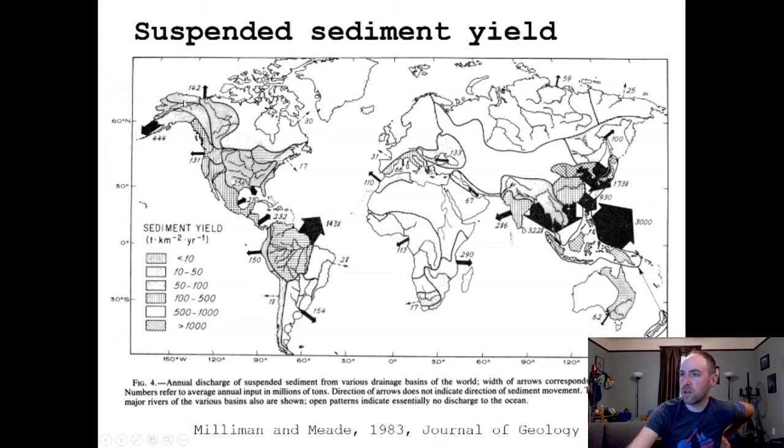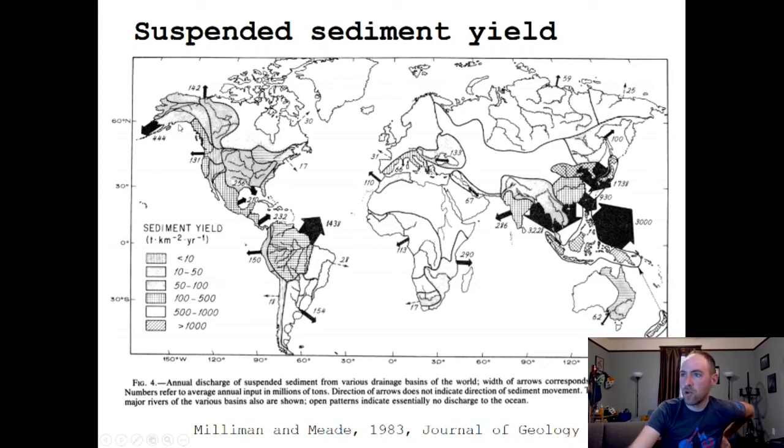And you can ultimately come up with these types of graphs here where you can see that most of these rivers, the total load that's being delivered is dominated by suspended load. So here's the Amazon, for example, and almost all of the total load of the Amazon, and certainly almost all of the total load of the Yellow River and the Yangtze River and the Ganges Brahmaputra River are dominated by suspended load.